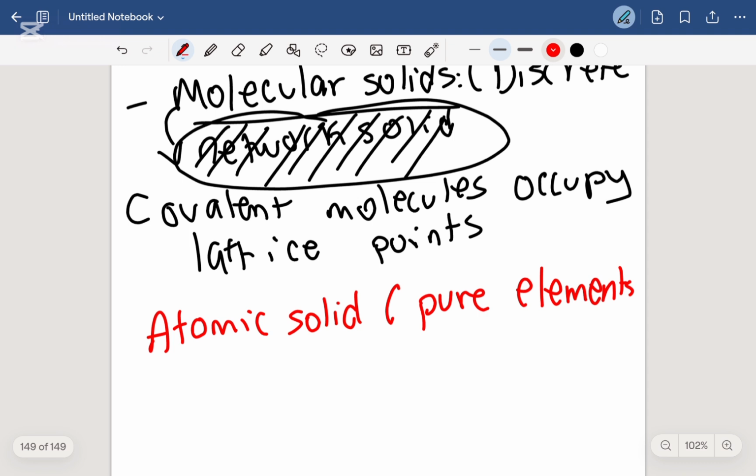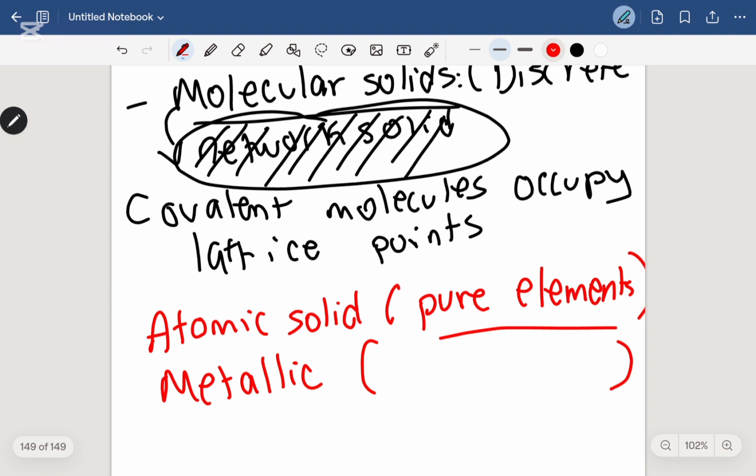Later we will discuss why. Okay. Just anything that's pure, for example pure sulfur, phosphorus, pure elements in general. Now, metallic solids, as you can guess, are just metals. They are metals having metallic bonds that form giant structures. So, metals forming giant structures.